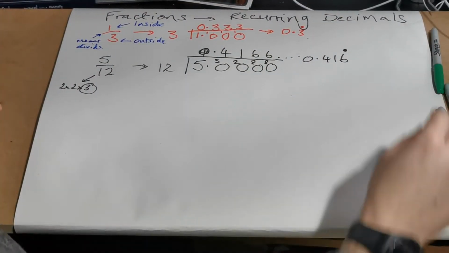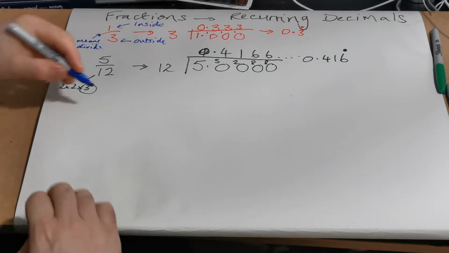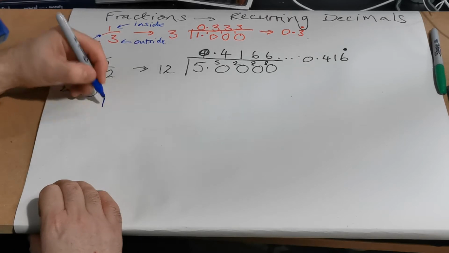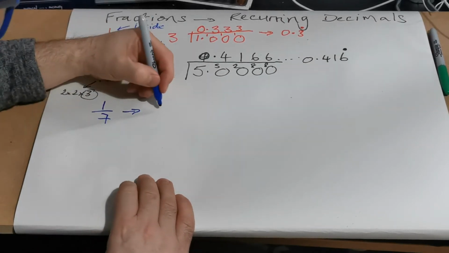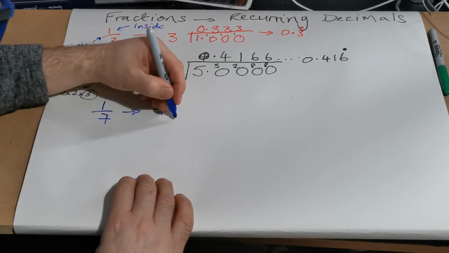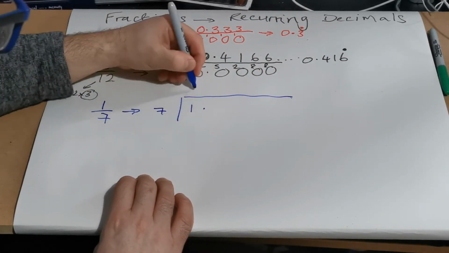Now there are some interesting ones. My favourite ones are sevenths. So if we look at a seventh, 7 into 1 doesn't go.